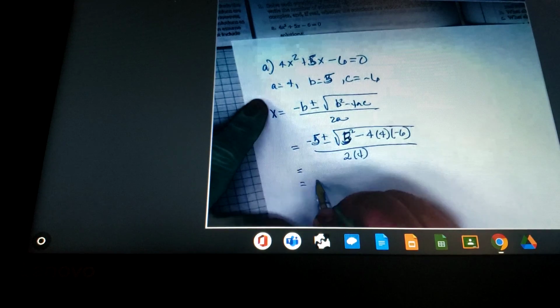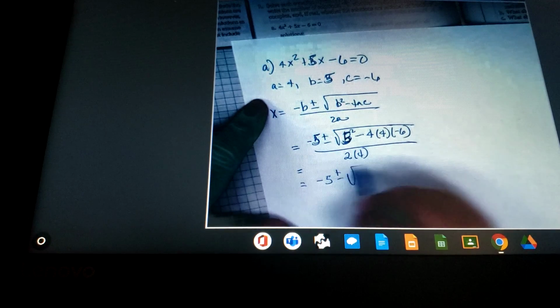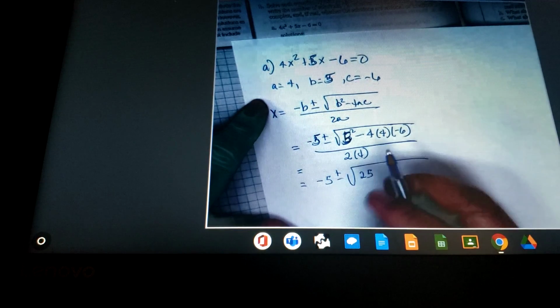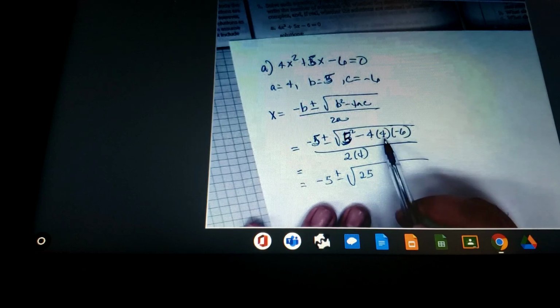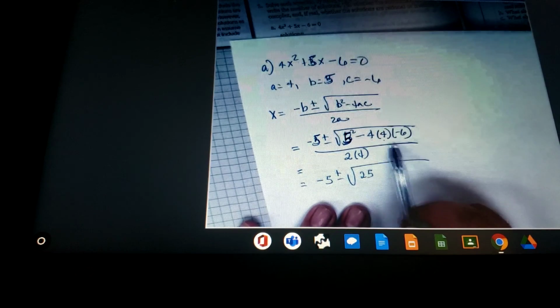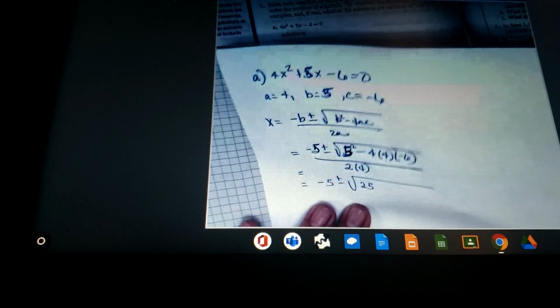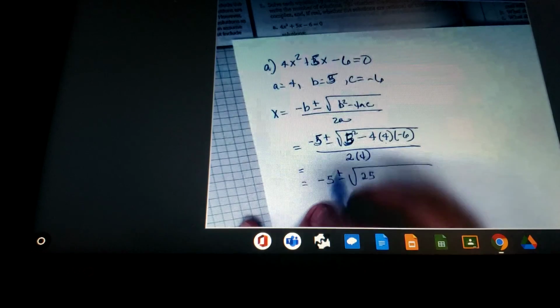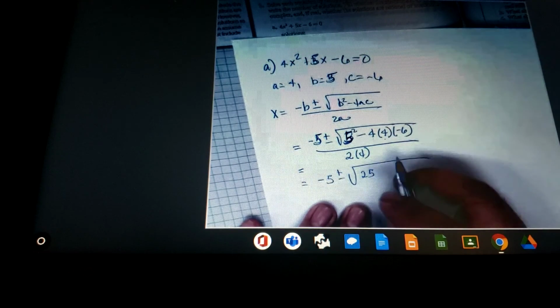So negative 5 plus or minus the square root of 25, minus 4 times 4 is 16, 16 times negative 6. What is the answer? 96.